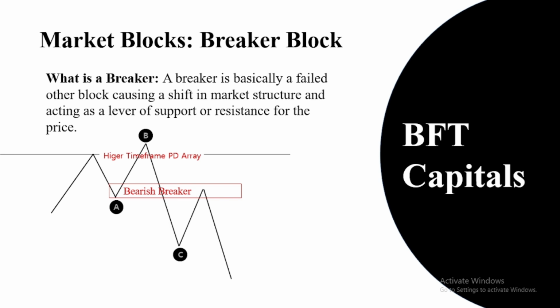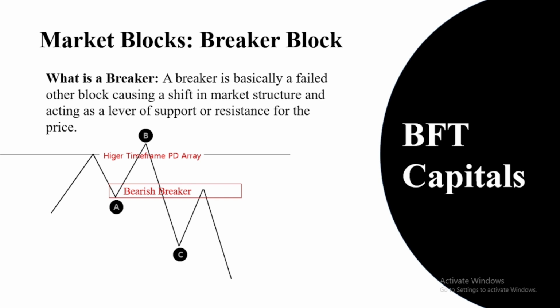So a breaker block can work if you have few things in line. What are those things? Your daily bias. If your daily bias is bearish and then you see a bullish breaker, it is likely going to fail because it's not in line with what price is going to do.